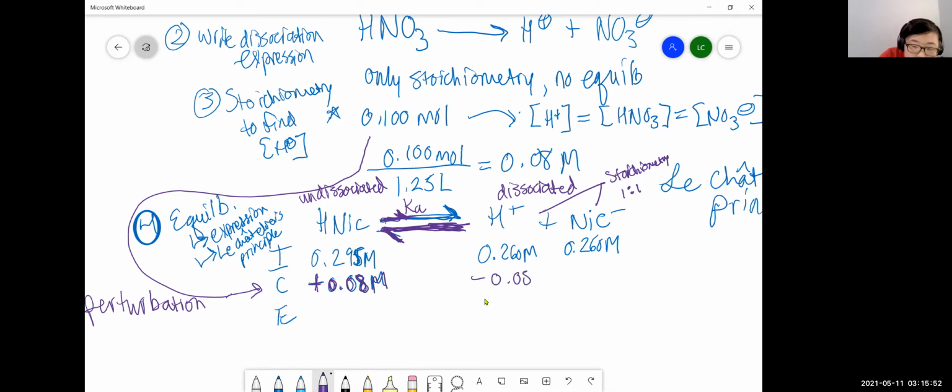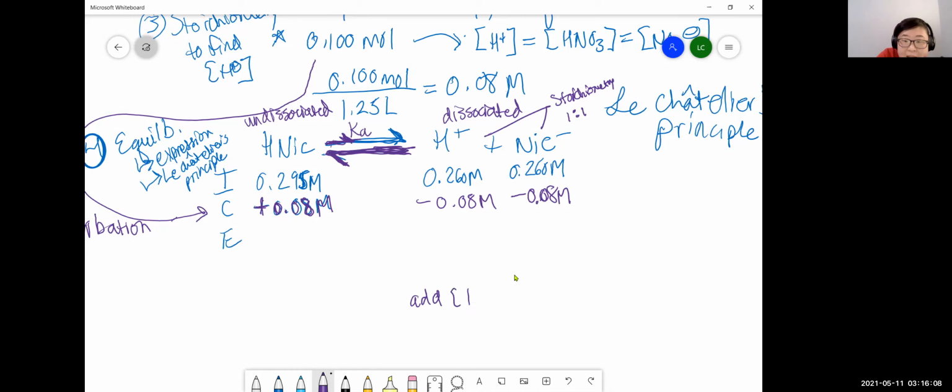The reason why we're subtracting here and adding here is because of Le Chatelier's principle. What are we adding? We're adding more H plus, right? So this is going up, then we're adding a pressure onto the right side.